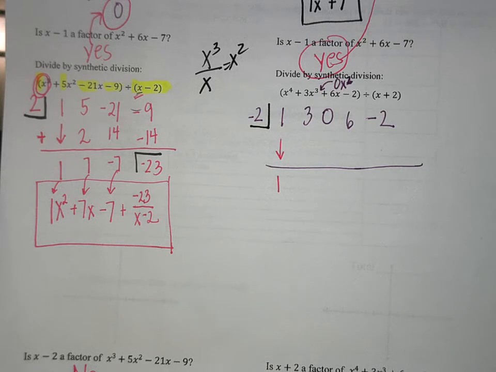If there isn't a number, you have to put a 0.